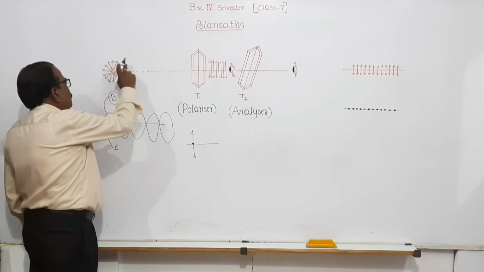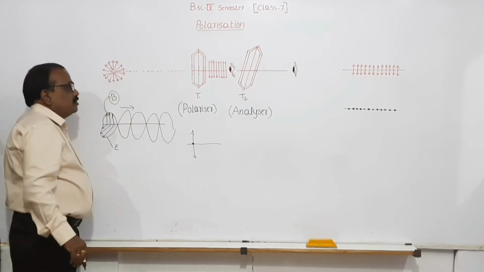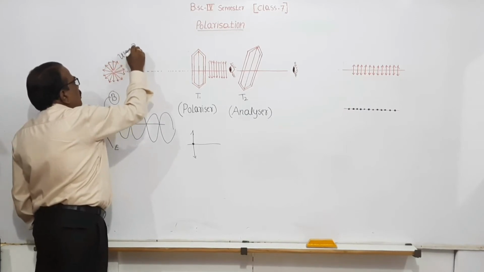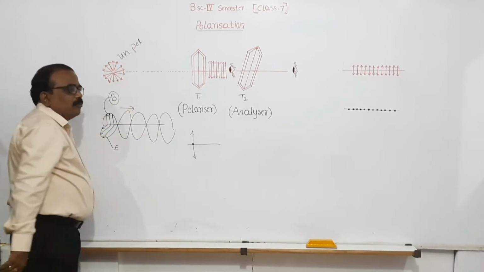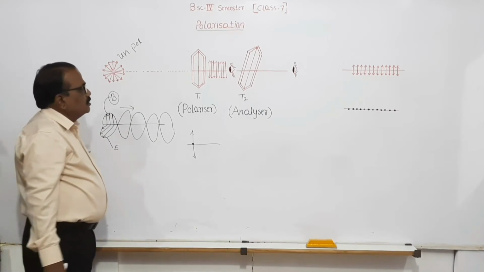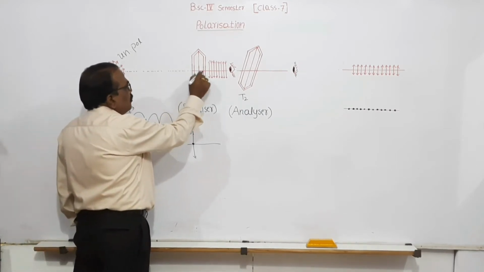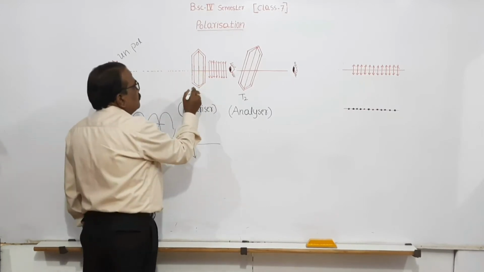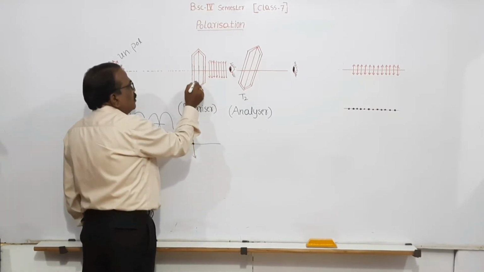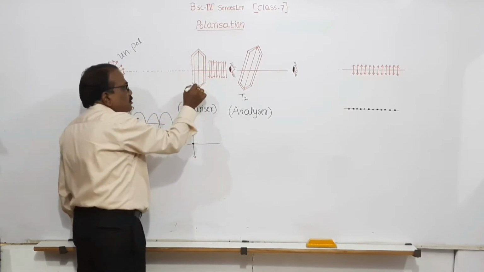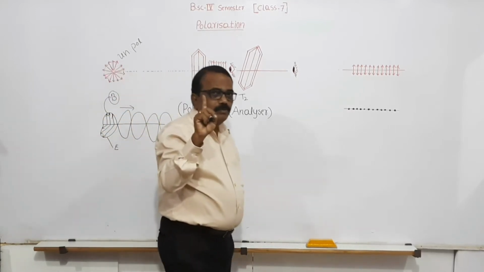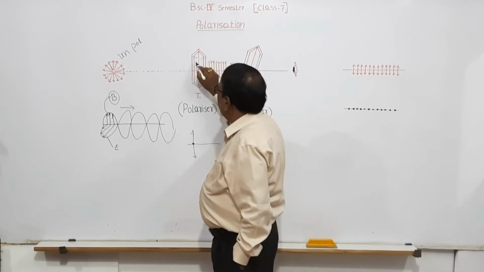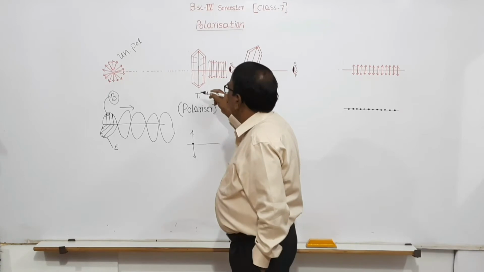When such unpolarized light, which has vibrations in all directions, is allowed to fall on this tourmaline crystal, the tourmaline crystal has got one axis that is transparent, and all these other parts are opaque to light, so light cannot pass through them.